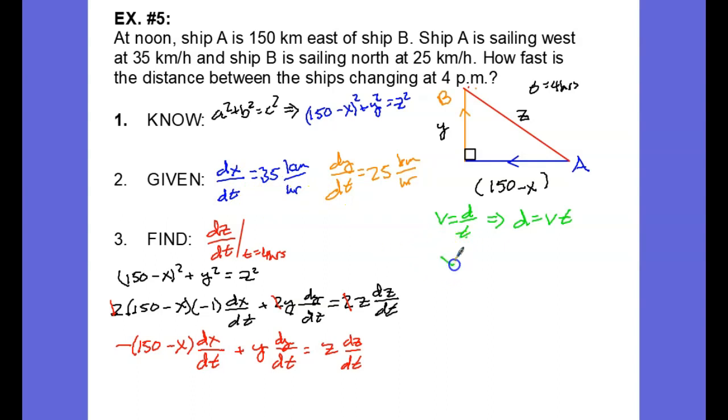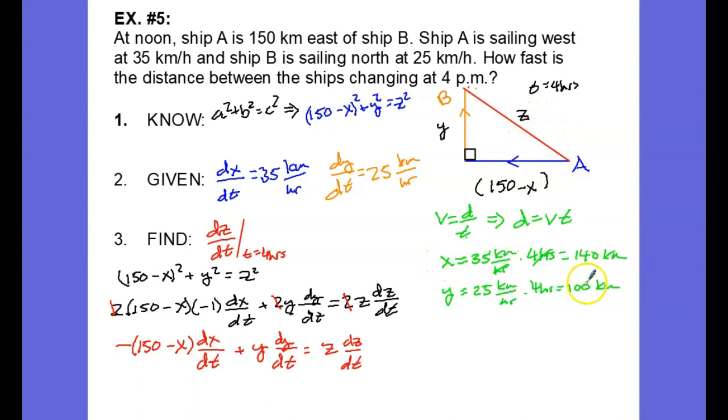So x is going to be equal to 35 kilometers per hour times 4 hours. Y is going to be 25 kilometers per hour times 4 hours. This is going to be 140 kilometers. Hours cancel, and this will be 100 kilometers. So at t equals 4, I have x and y. Need to find z.